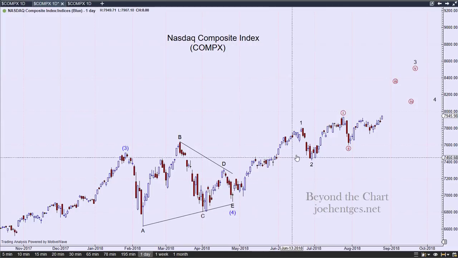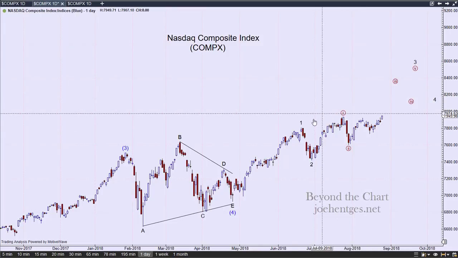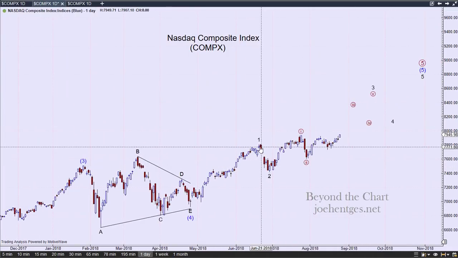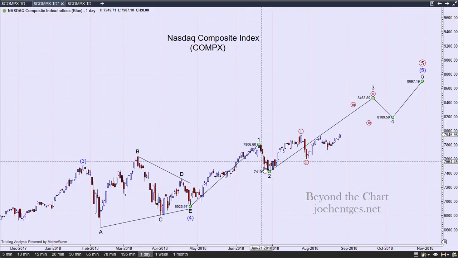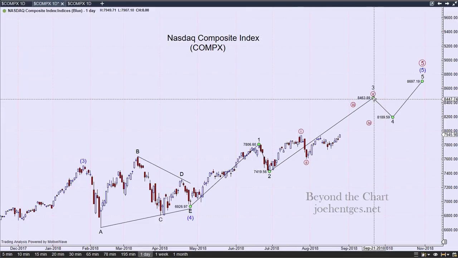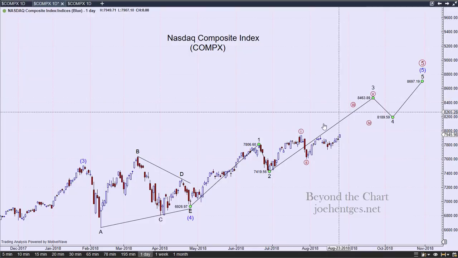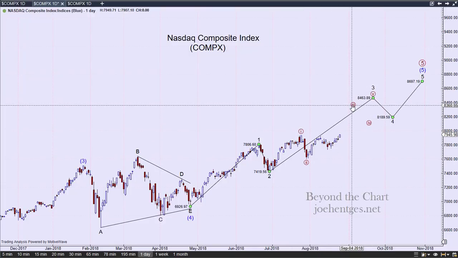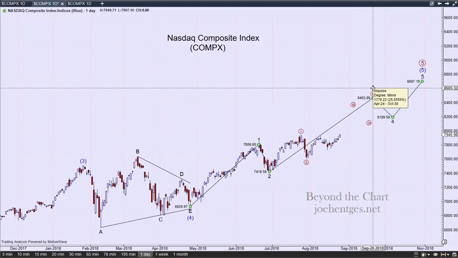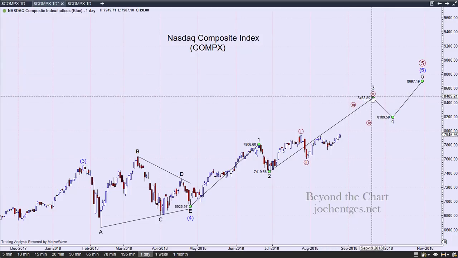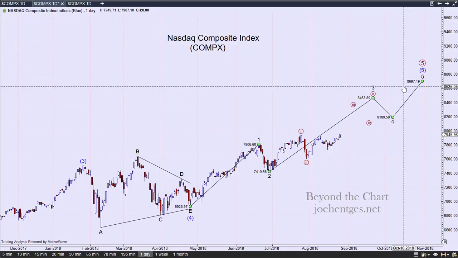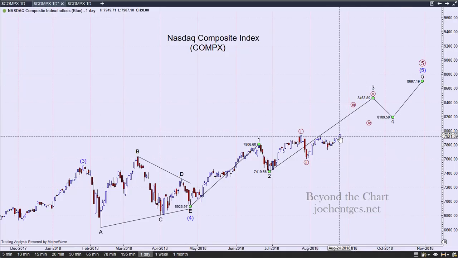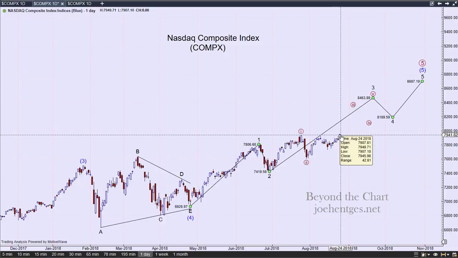So therefore it's a much more aggressive move to the upside. Minor wave 1 ends here, and we're working our way up, and we're just in the midst of the new wave 3 of minor wave 3. Therefore, this could be very, very strong, is the implication of this. So again, we watch and we're aware of this, and then we'll watch to see how the waves unfold.